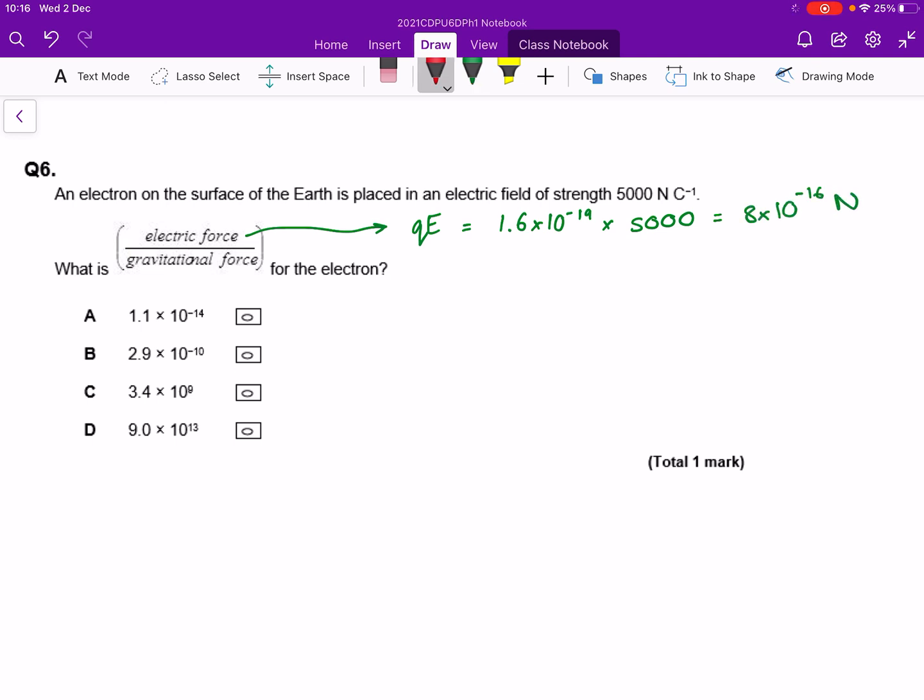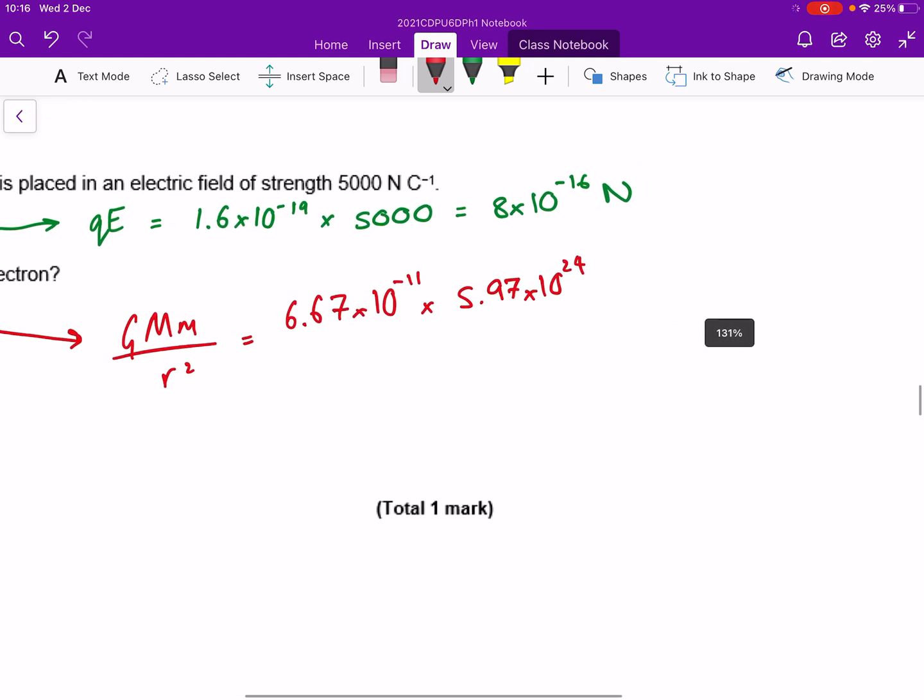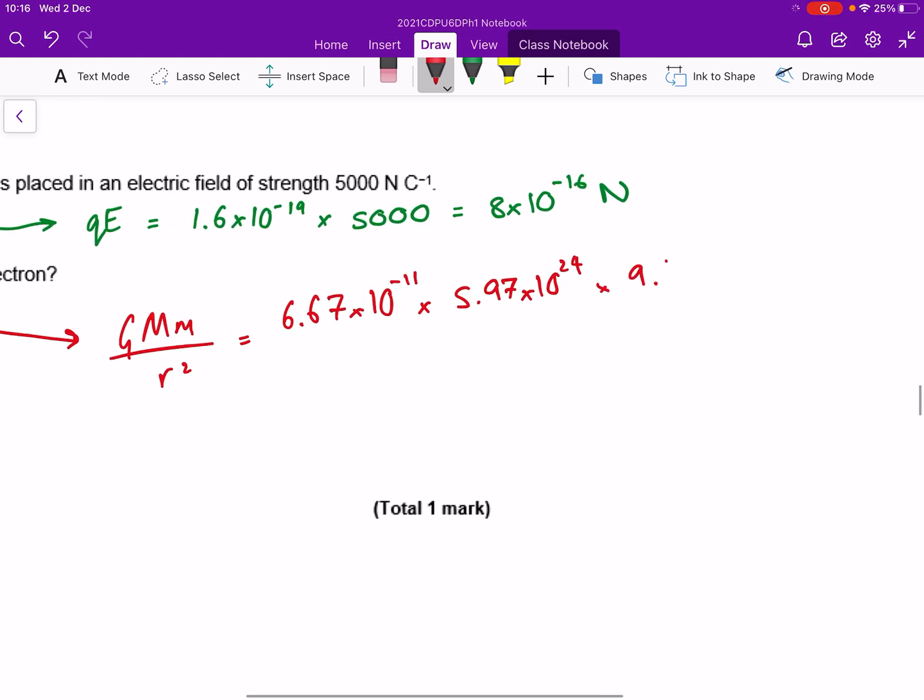And then for the gravitational force, this is going to be G M m over r squared. So the value of G is 6.67 times 10 to the minus 11. Mass of the Earth, 5.97 times 10 to the 24. Mass of the electron, 9.1 times 10 to the minus 31.